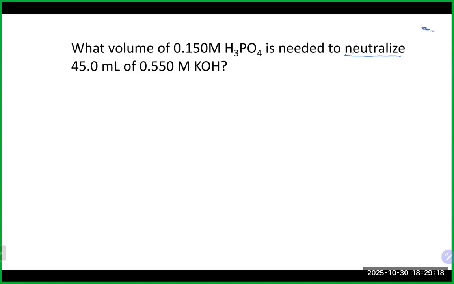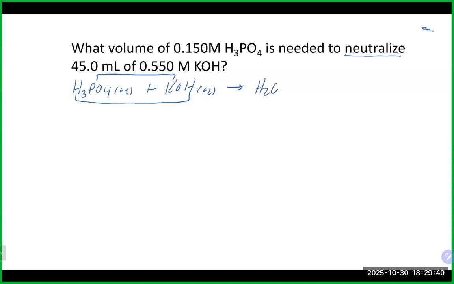So once again, we're going to start with our equations. So we have our phosphoric acid in this case, reacting with our potassium hydroxide. So that is our acid plus our base. Once again, gonna do a double displacement here, switch partners, and that will give us water like normal usually. And remember, we do want to put this together correctly. So potassium is +1, phosphate is -3.